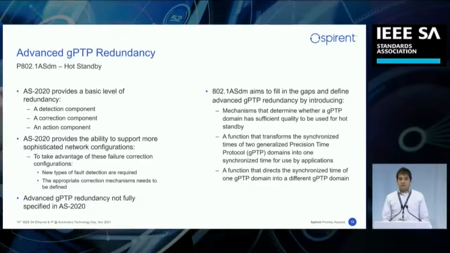It will also define a function to transform the synchronized time of two domains into one single time to be used by the application. And it will provide a function to direct the synchronized time from one domain to a different domain.